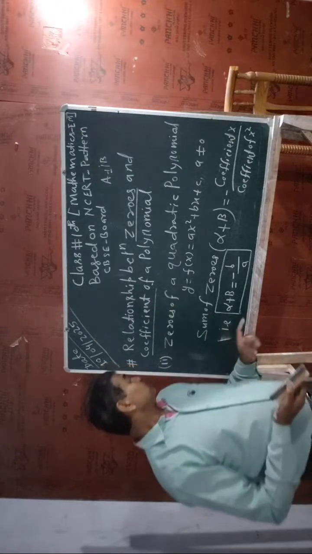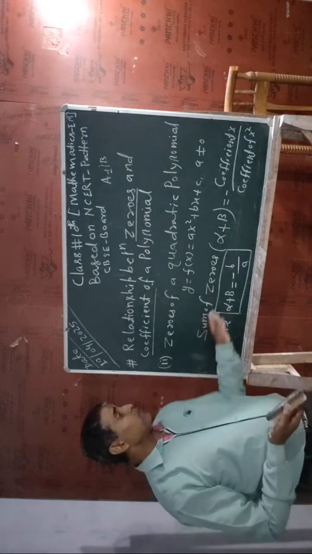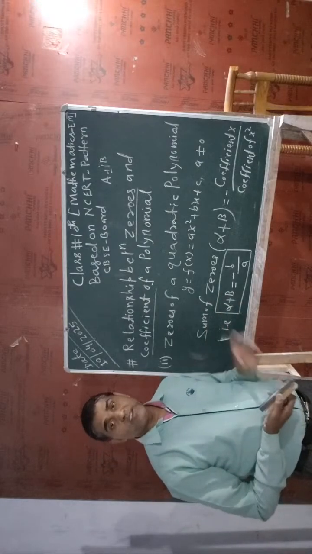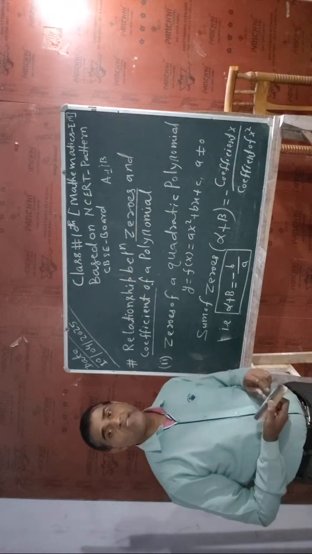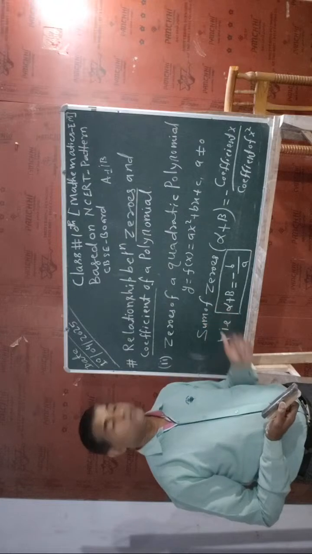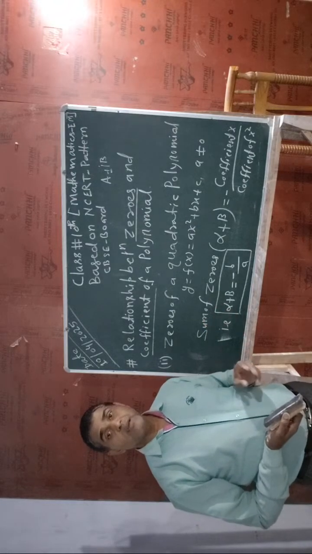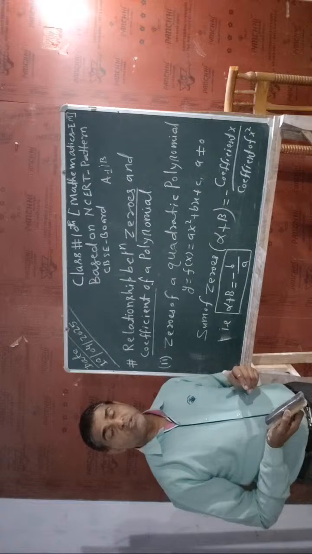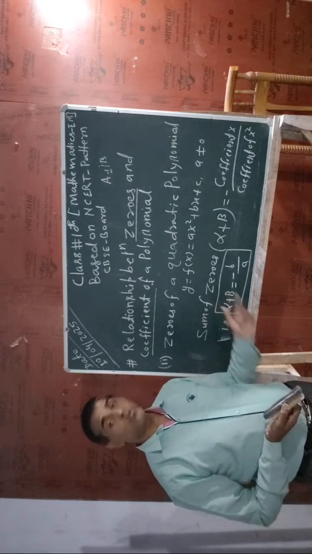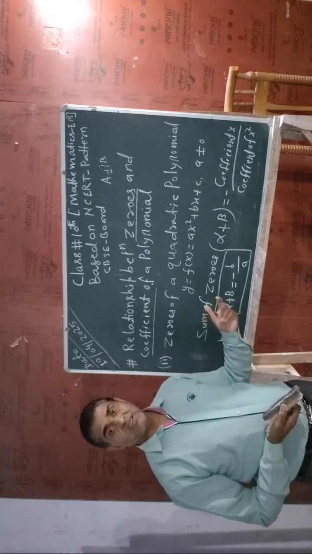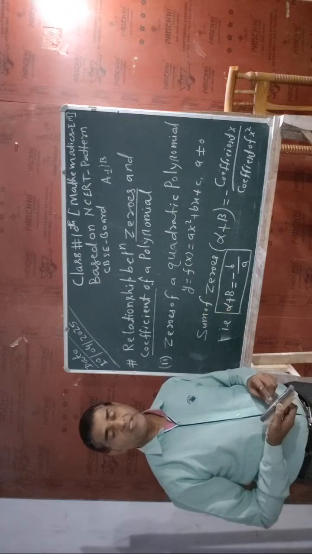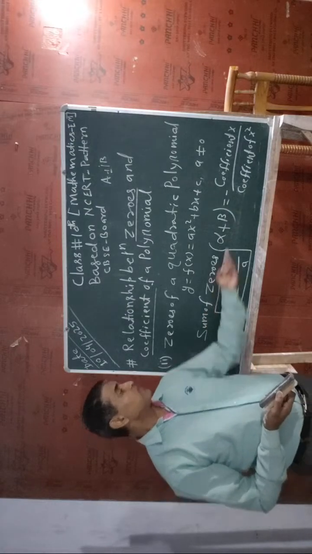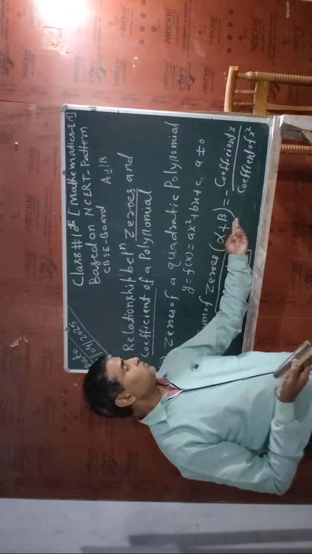Okay, students. So the sum of the zeros I have calculated here. Now we have to find the product of the zeros. It means we have to take the multiplication of two roots, and the multiplication of two roots will be the constant term divided by the coefficient of x square. One root is alpha, another root is beta.